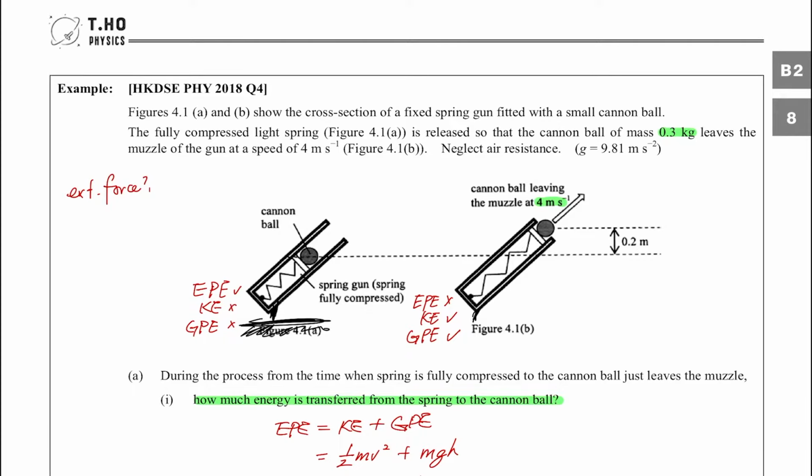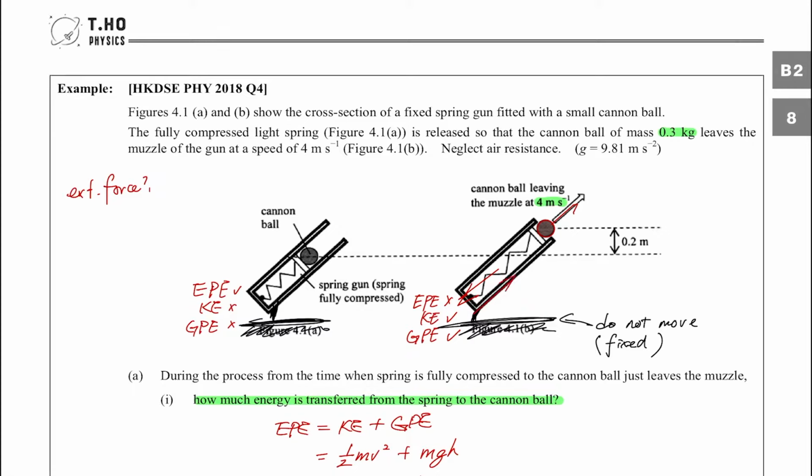No matter before it is fired or after it is fired, the spring gun does not move. It is fixed. So when the cannonball is being fired, we know that the gun should recoil backwards. But why didn't it move?